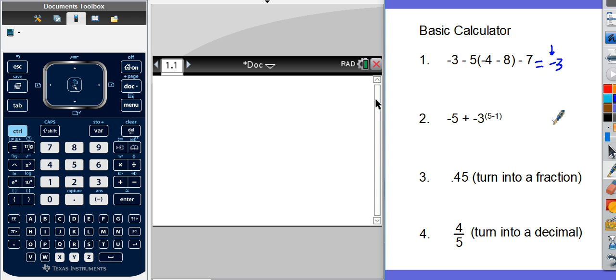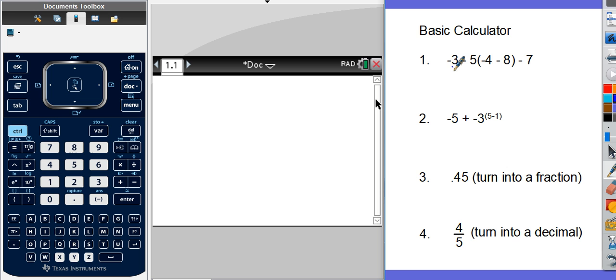So if it's a beginning, then that would be a negative. If it's not a beginning, then it's going to be a minus. Okay, so if it's coming after something, or at least it's not the beginning, then it's going to be a minus. So even though this is kind of a simple problem, we have kids that mess this up all the time because they just simply don't get the minuses and the negatives right.